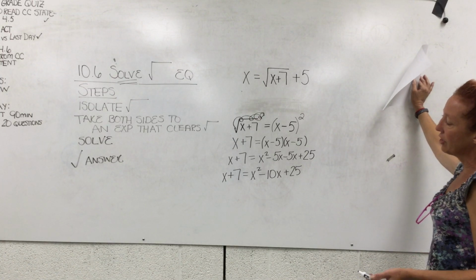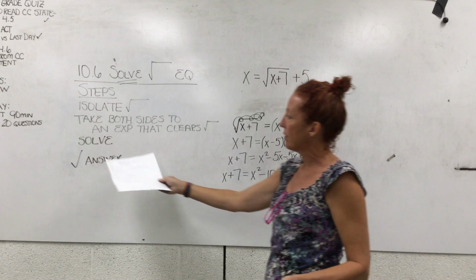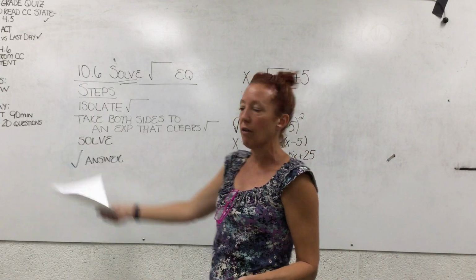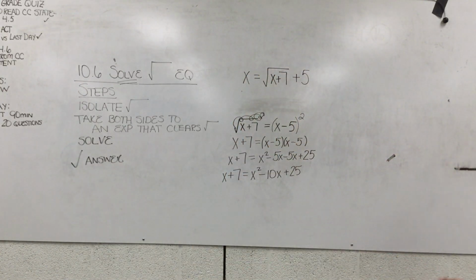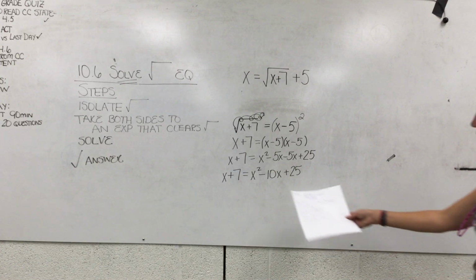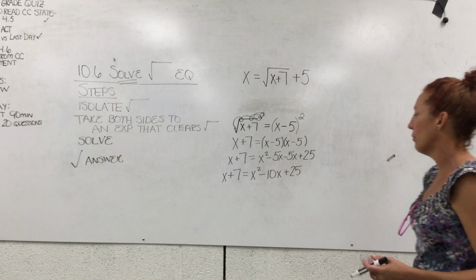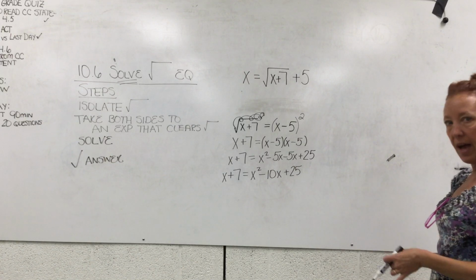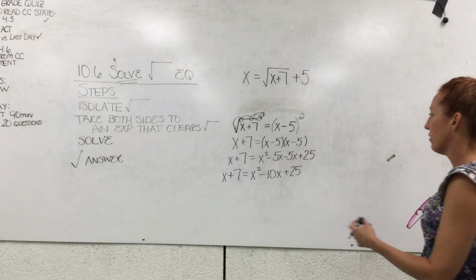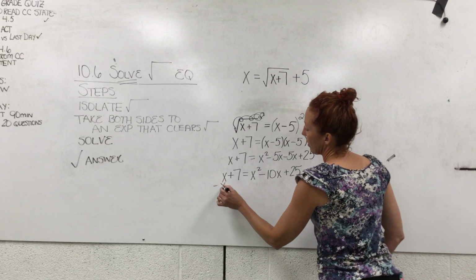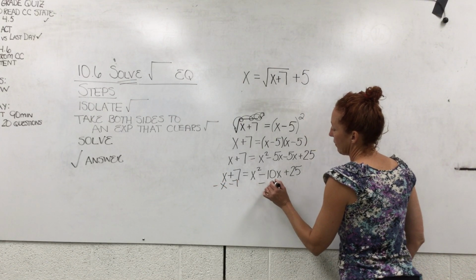So my strategy here, I'm still in this step to solve. My strategy here, once again, in order to solve something that's going to require factoring, you want to have this left-hand side be 0. You want to set it equal to 0, factor it, and solve each factor. So let's move this x over. Let's move that 7 over.